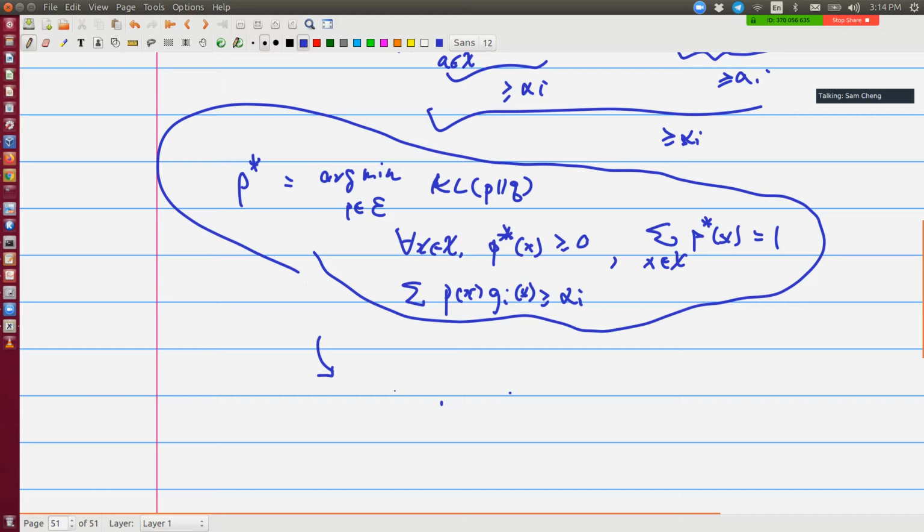And the solution, if you solve this constrained optimization, will give you P star(x) proportional to Q(x) times 2 to the summation over i of lambda_i g_i(x).